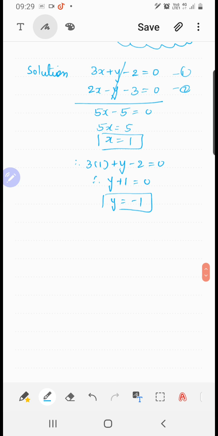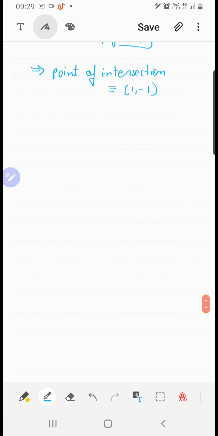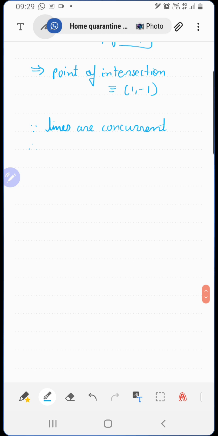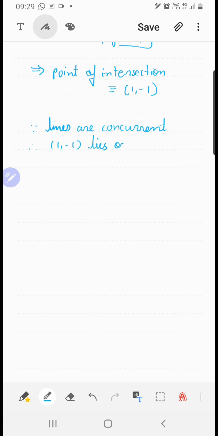Can I say this implies the point of intersection is 1 comma minus 1? Now what we do with this point, we substitute it into the third equation, but here we are not checking, it's given. So I say since the lines are concurrent, therefore I can say that 1 comma minus 1 lies on the third equation.